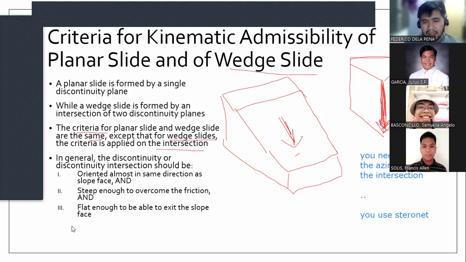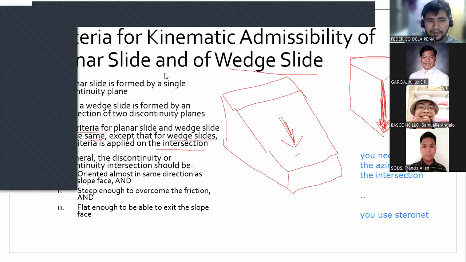Therefore, this is sort of a Goldilocks situation where the discontinuity has to be just steep enough and gentle enough. It has to be steep enough to overcome the friction, but not too steep, otherwise it won't be able to exit the slope face. I'm going to elaborate on that in the next slides.